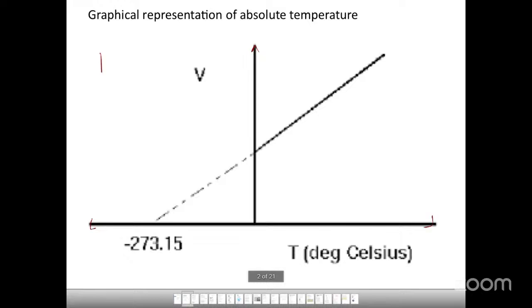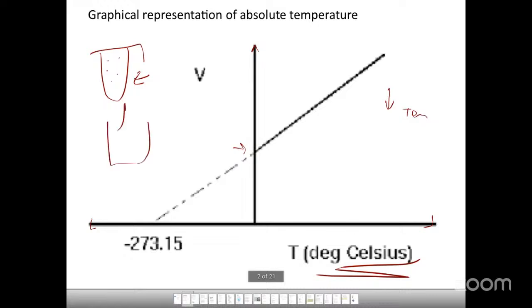They took a container, most likely the container had gas in it, and they continuously changed the temperature of this container. They recognized that as they dropped the temperature, the volume of the container changed, right? More than likely, to be a little more accurate, probably a piston there. And they recognized that as they dropped the temperature, the volume also dropped.